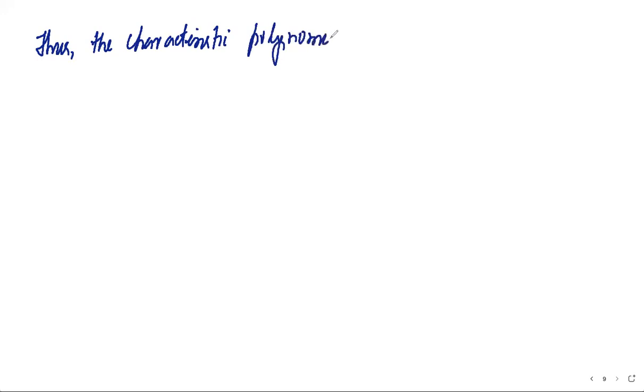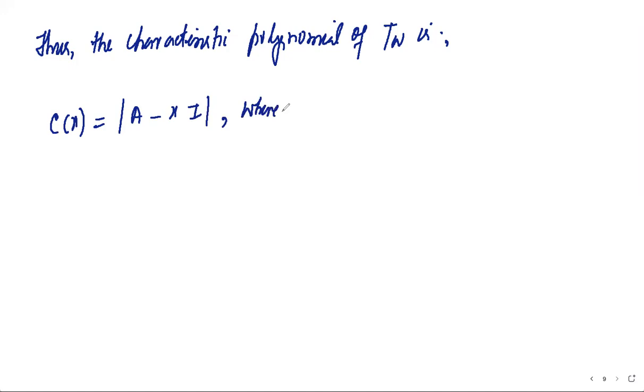So thus, the characteristic polynomial of TW is C of x, and this is the determinant of A minus x I, where A is a companion matrix.